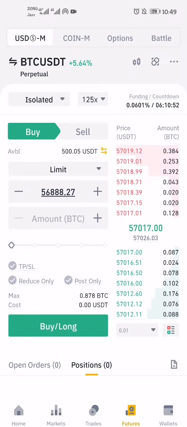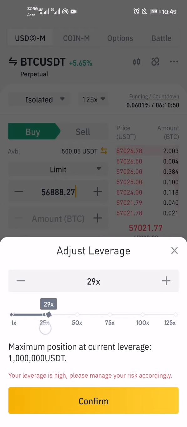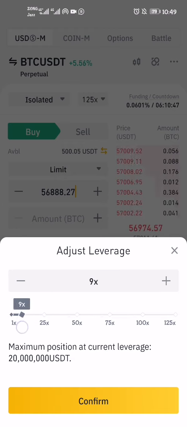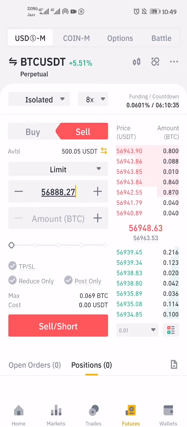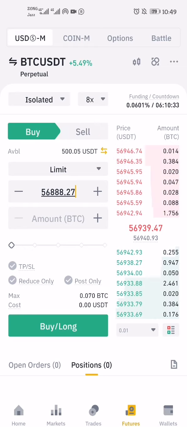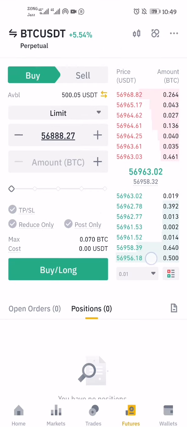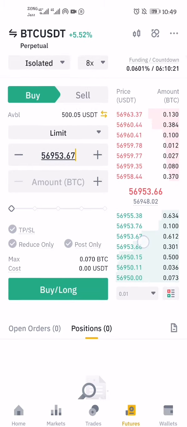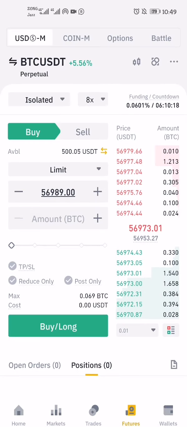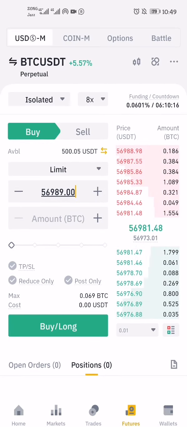So isolated here, confirm, and we suggest putting the leverage lower than 10x: 8x, 7x, 5x, 6x. Okay, 8x. You can long or you can short. If you long a coin and the price rises from your buying price, you will get a reward. If your leverage is 8x and the coin rises by 1%, you will get 8% profit.